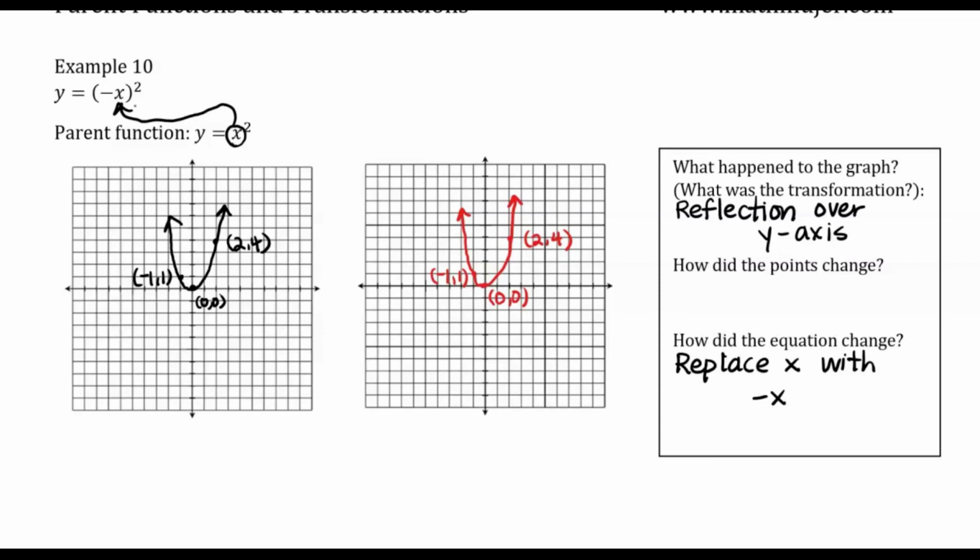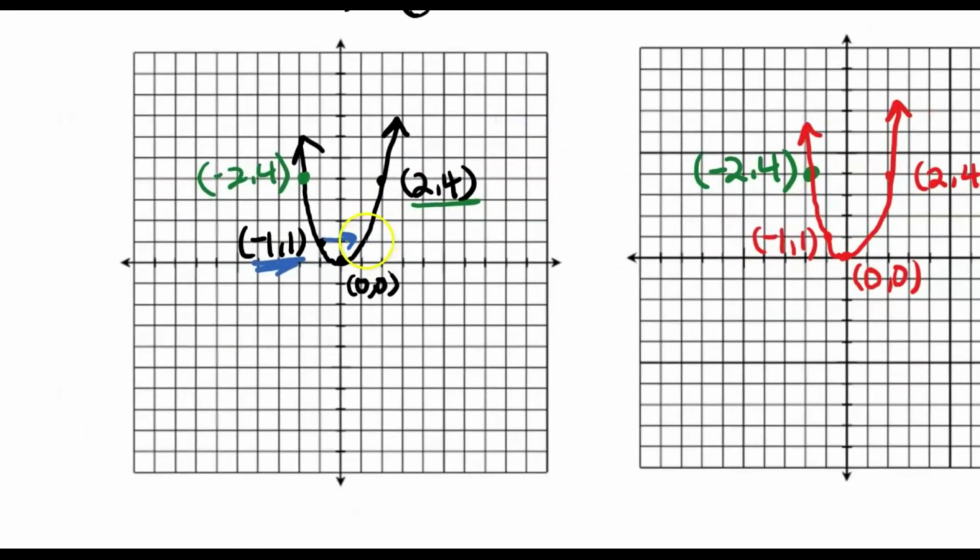But in reality, what's happening here is that the point 2, 4, when it gets reflected across the y-axis, it's going to -2, 4. Which I don't have labeled on the original graph, but it is on the original graph. The point -1, 1, when it gets reflected across the y-axis, it's going to the point 1, 1, which I don't have labeled on the original graph, but it is on the original graph.